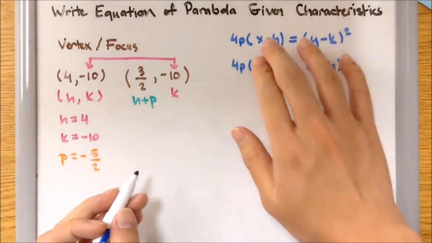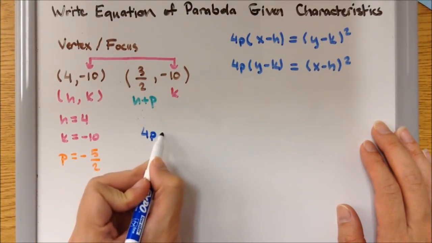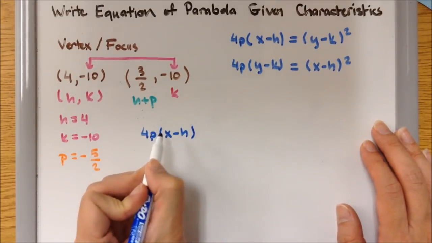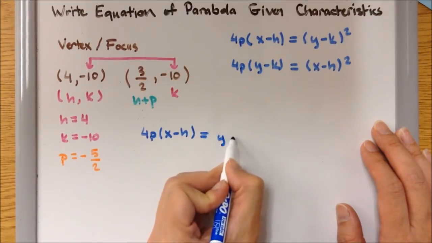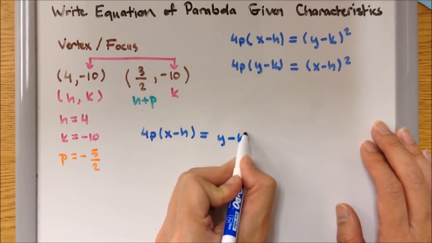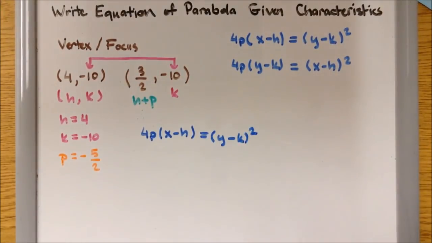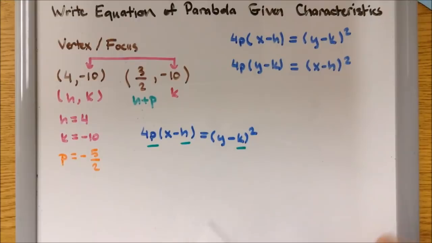Alright, so I'm going to write this equation here. And all I'm doing is plugging in the values for p, h, and k.